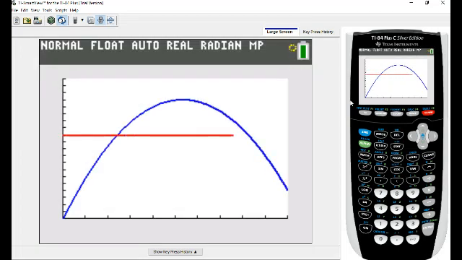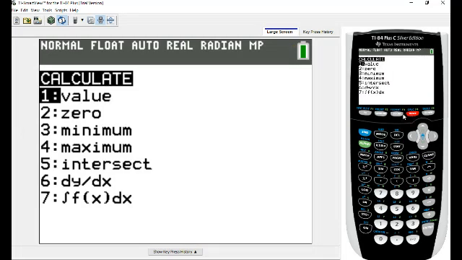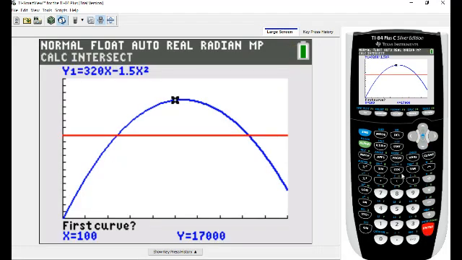All right, well, that's nice. We have both points of intersection for our curves. So next we go to second, recall, and calc. So hit the trace button and then go to intersect. Enter. First curve, hit enter.